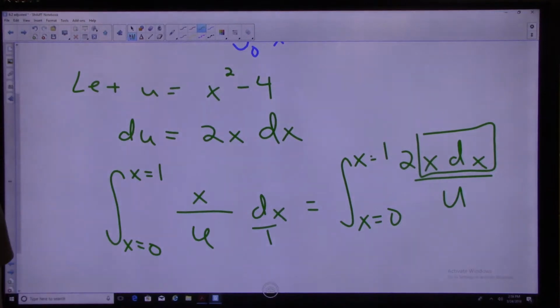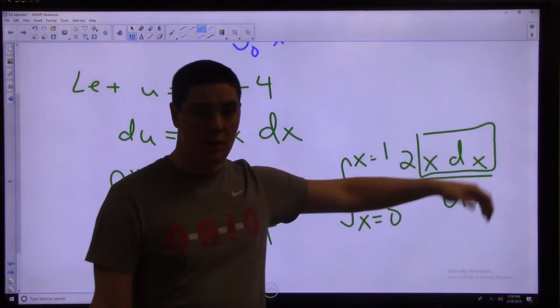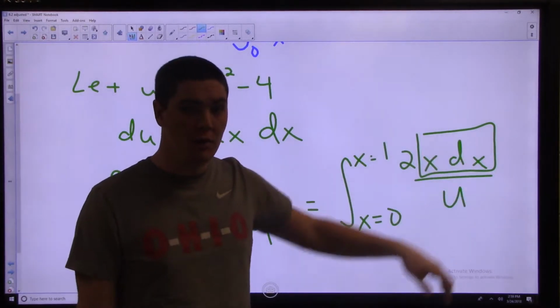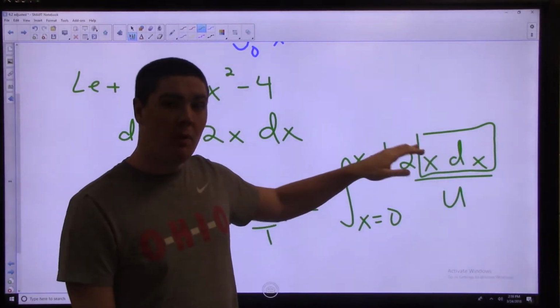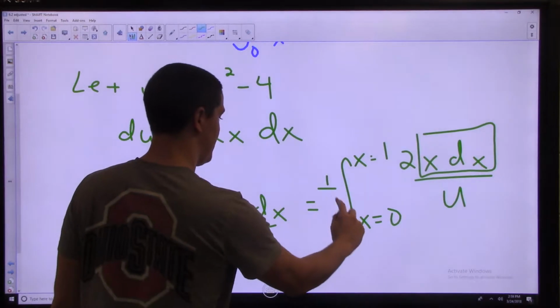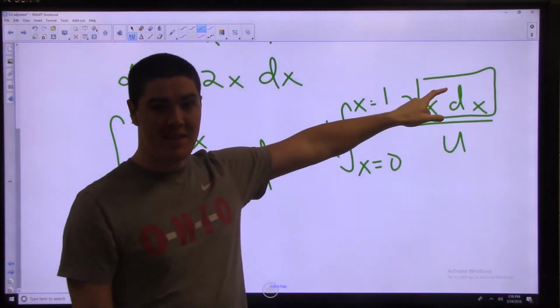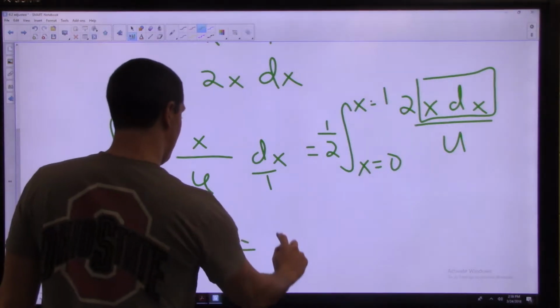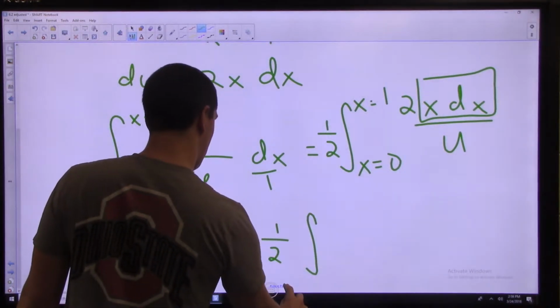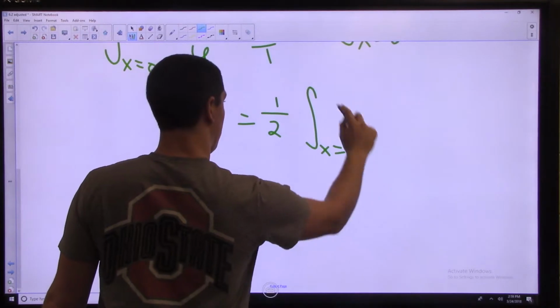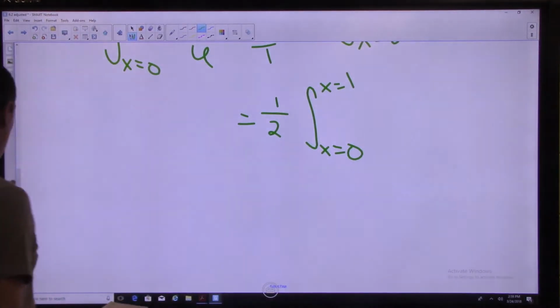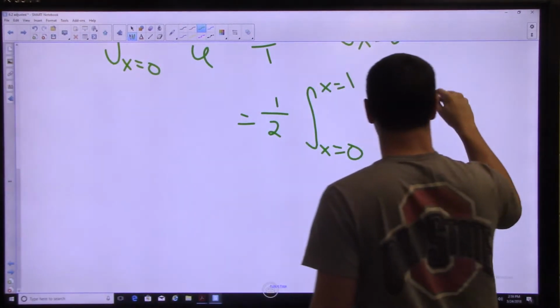So if I wanted to, I could write it as 2 times x dx. But what would I have to do to counteract that? I can't just be multiplying numbers here just because that changes the value of it. So what I'd have to do, if I multiply by 2, I have to multiply by 1/2 at the same time. Okay, so now if we look at what we have on top, isn't that du? So I could rewrite this as 1/2 times the integral, as x goes from 0 to 1, of du over u.